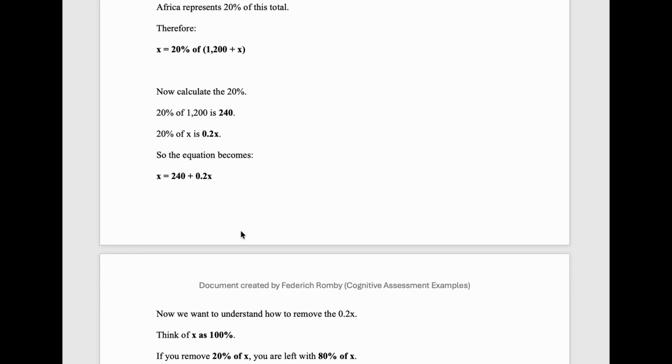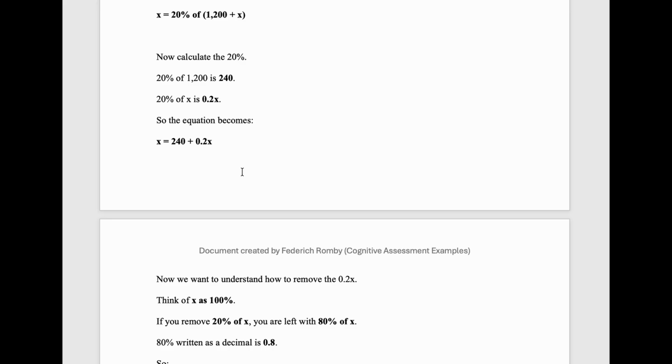And also 20% of X is 0.2X. I'm just using the numbers we have, but of course we know that 20% of 1,200 would not be enough, because that only represents 20% of the total that we have out of the other 3 continents.